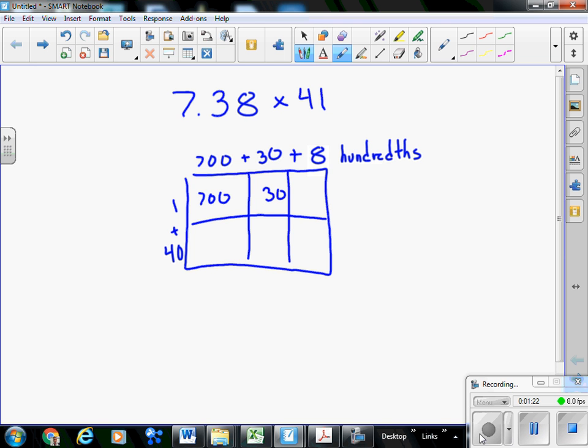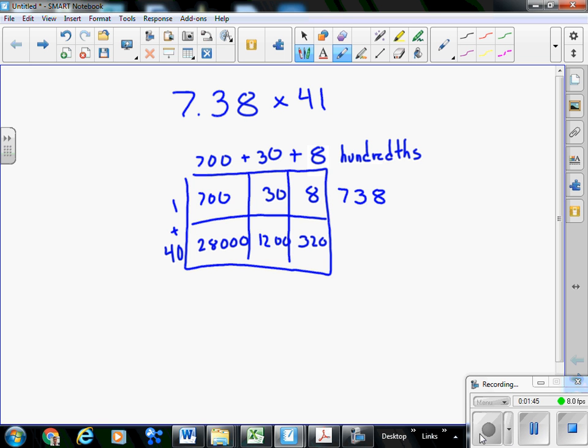730 and 8. And on the next one, 7 times 4 is 28 with 1, 2, 3 zeros. 12 with 2 zeros. And 32 with 1 zero. If I add all that up, we get 738.